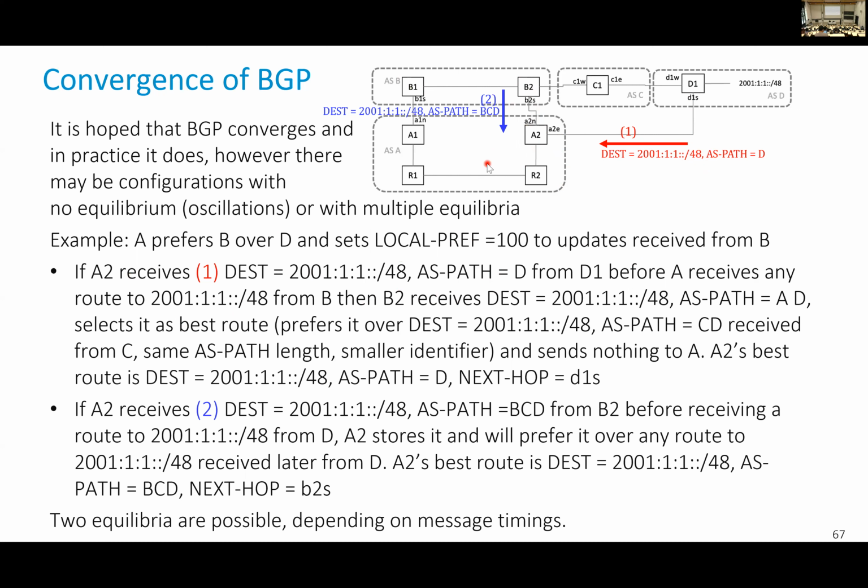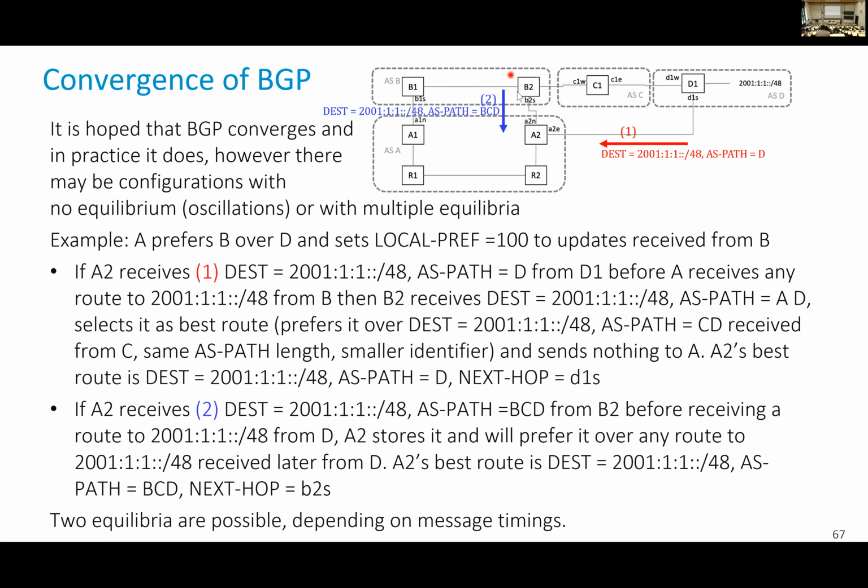Then what will A2 do? It's the only path it has to this destination. It will take it as best here. Therefore, it will inform B2 of the same thing. So it will pass to B this information that there is a path to this prefix, which is via AS A D here.